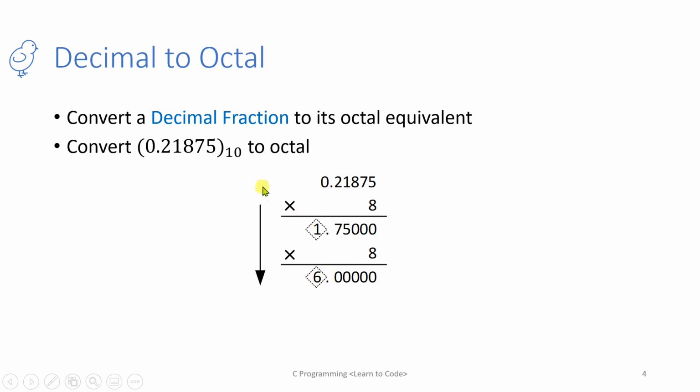And in this particular case, the digits will be recorded from top to bottom. So here 8 multiplied with this, we will get 1.75000, from where 1 has been marked. In the second multiplication, 0.75000 will be multiplied by 8 and you get 6.00. Now the fractional part becomes 0, so whatever you multiply with this becomes 0. So the multiplication will stop. And the answer we will get is 0.16 base 8. Fine. Now the next part.